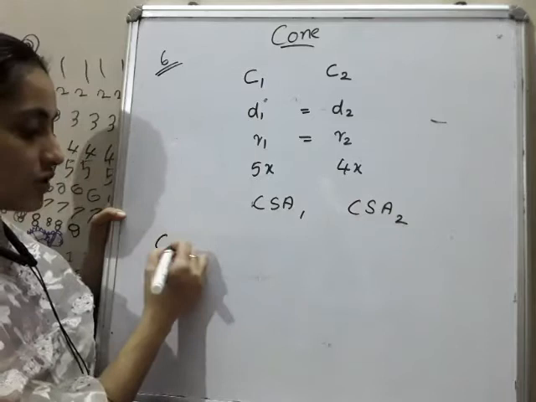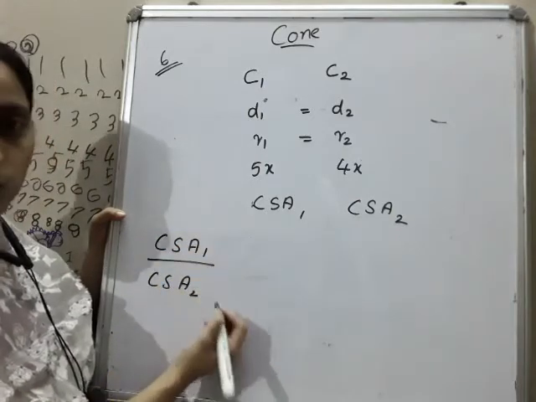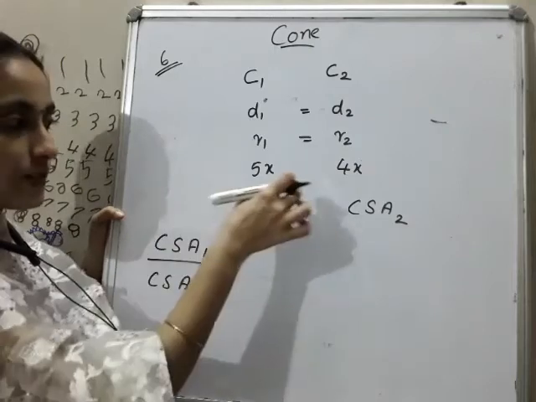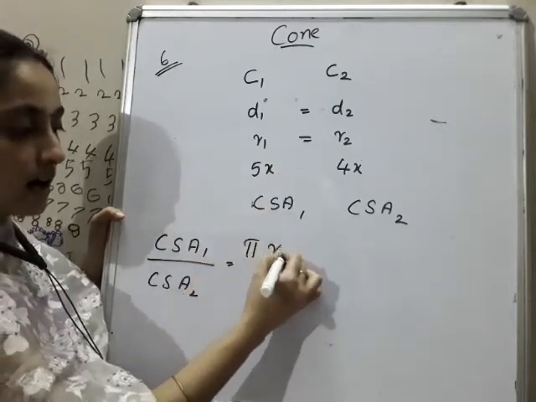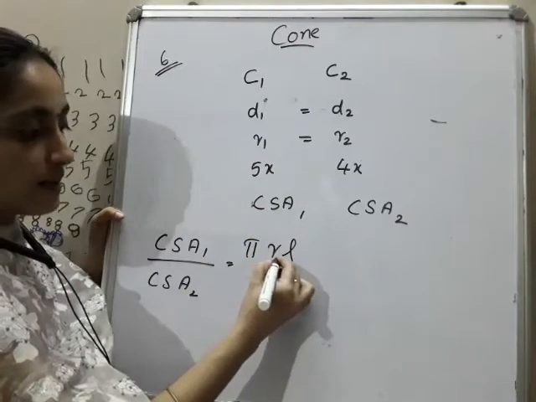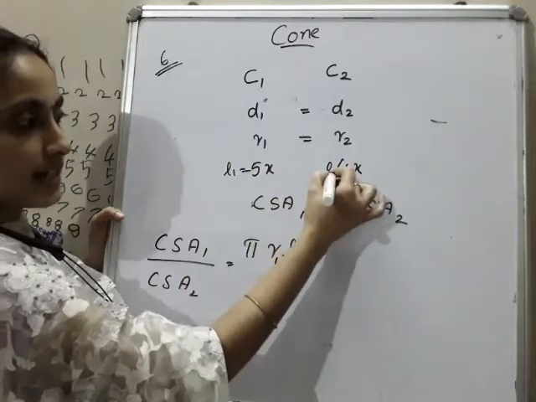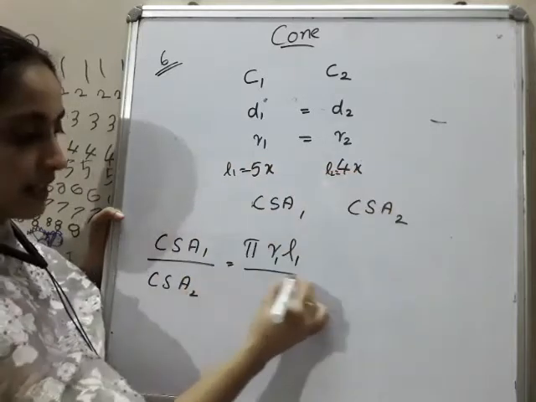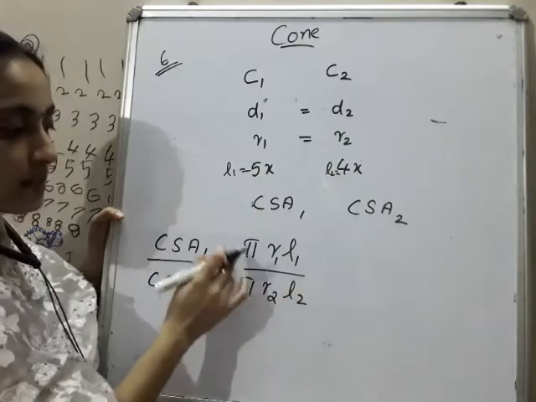So you have to find the ratio CSA 1 by CSA 2. CSA 1 means the first cone's surface area. The formula is pi r L, so I will write pi r1 L1, this is L1 and this is L2. Then divide by pi r2 L2. Is the pi value changing?